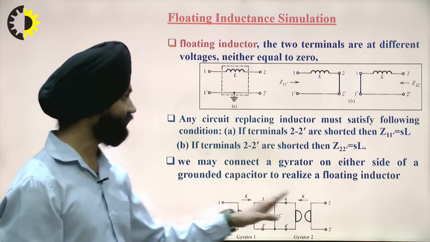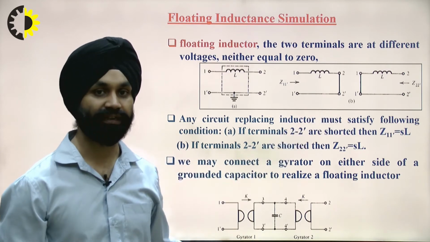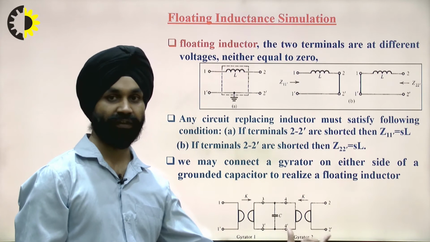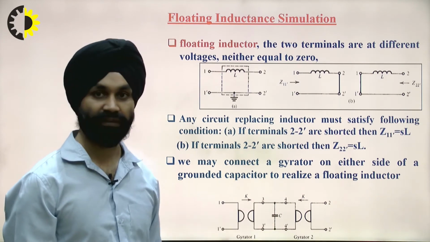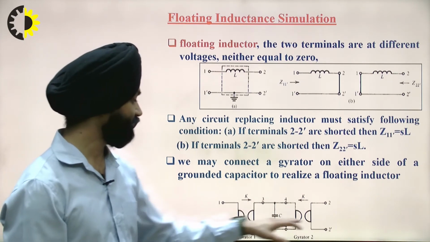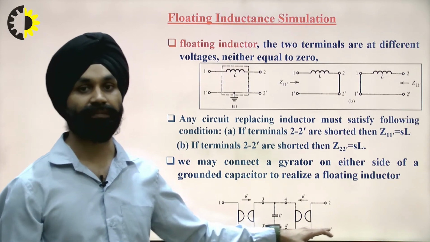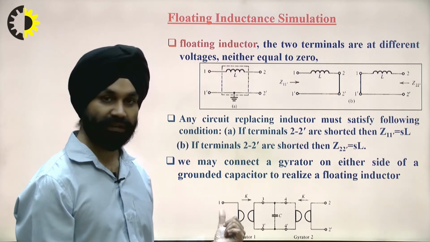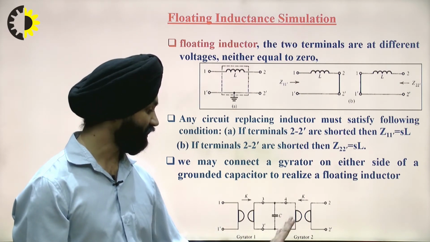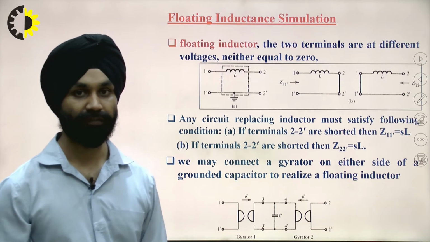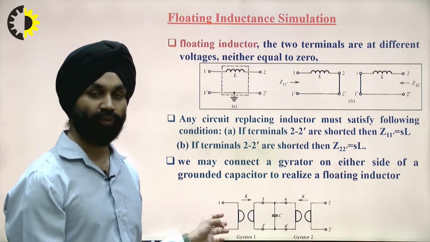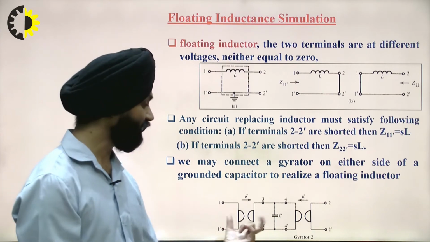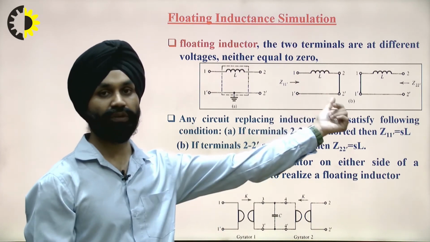So we can draw this using one gyrator and a second gyrator with a connected capacitor. In this circuit, one gyrator has its output connected to a capacitor, so this is one inductor, from 11 to 22.